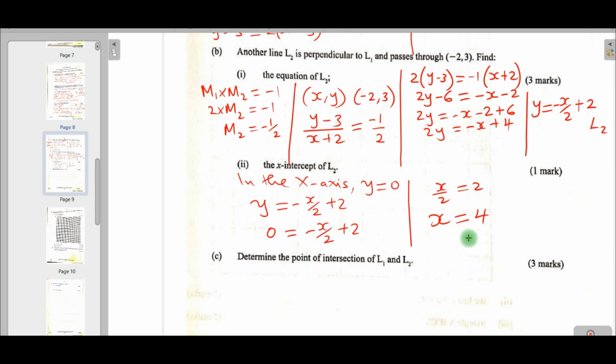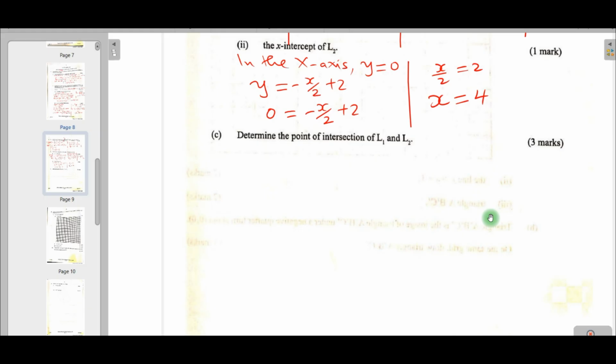Then we do part C of the question. Determine the point of intersection. So we have noticed that for L1, the equation of L1 we got in part A is y is equal to 2x minus 3, and the equation of L2, we found, is y is equal to minus half x plus 2.